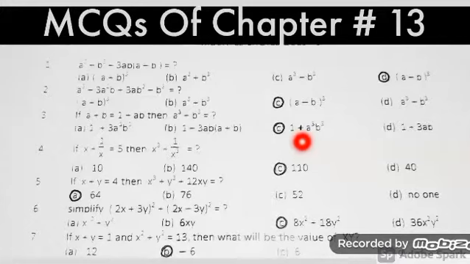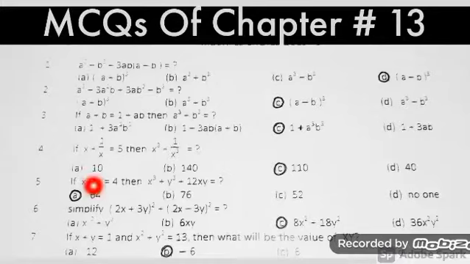You will solve this question by taking cubes on both sides of this equation, and then you will expand the cubes using the formula a plus b whole cube. Some terms will be cancelled out, and a cube plus b cube will be equal to 1 plus a cube b cube.